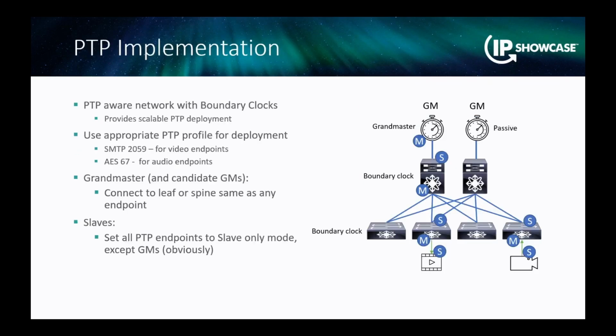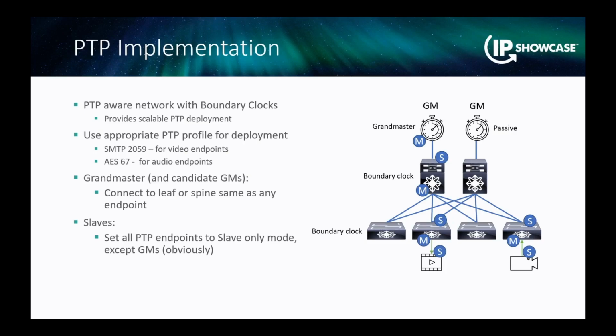And then I mentioned PTP a moment ago. I just want to tell you a little bit about the implementation in spine and leaf architectures for SMPTE. You should run all the network devices, or at least the switches, in boundary clock mode. The reason is you get better scalability and better efficiency.